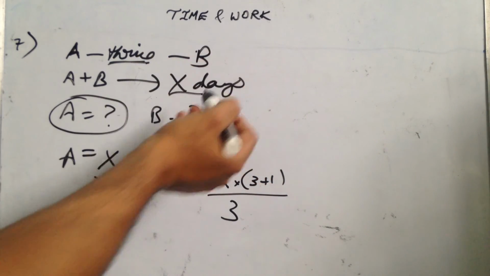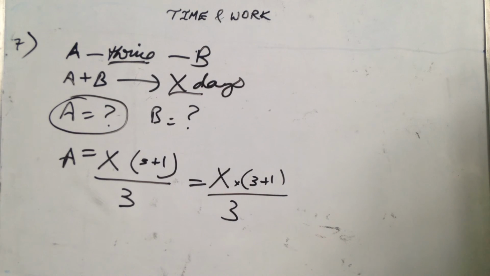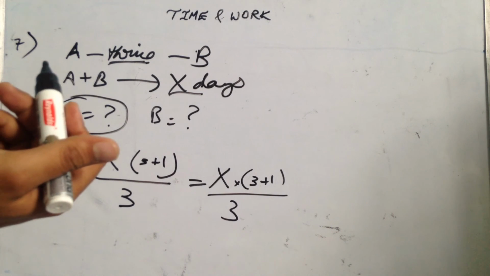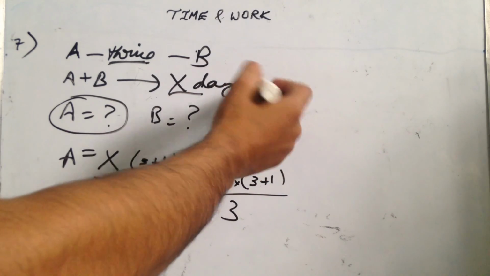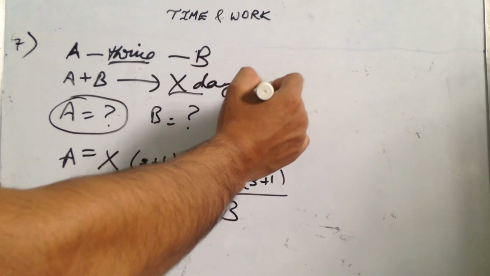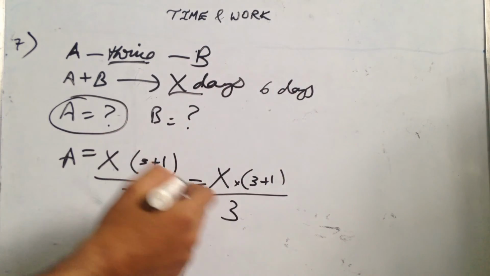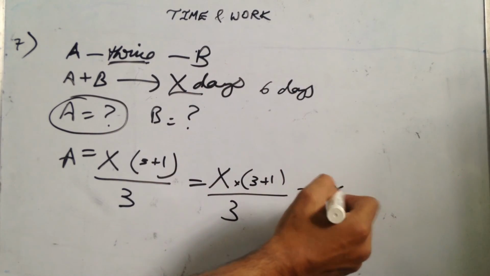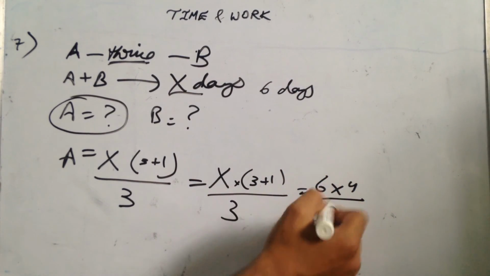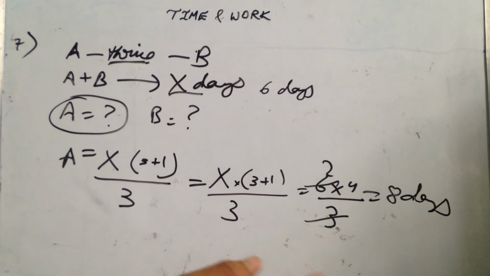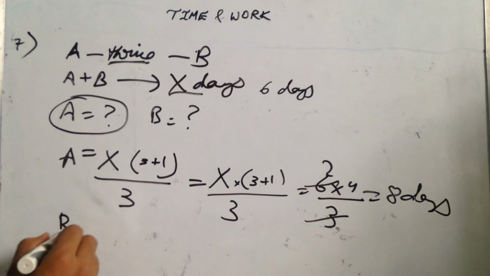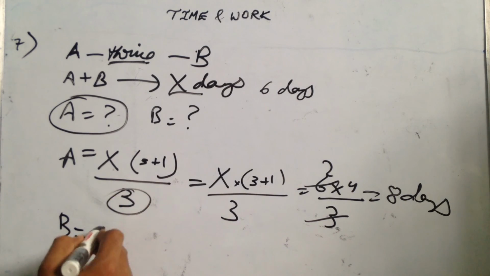So you just put X as, let's take an example, let's say X is 6 days. So A will take how many days? 6 into 4 by 3, which is 8 days. And for B, always remember, just remove this part.